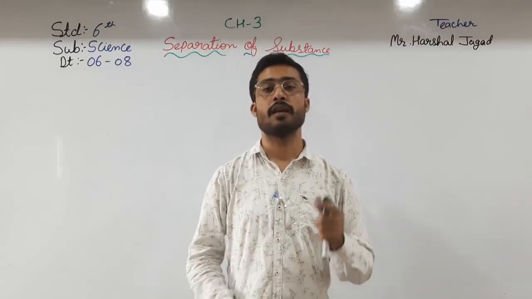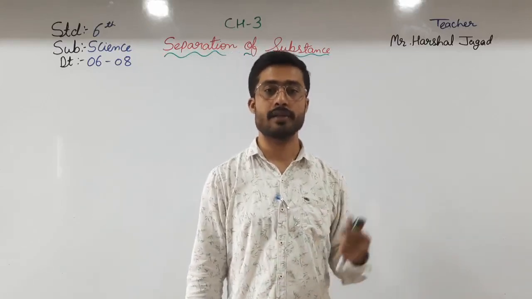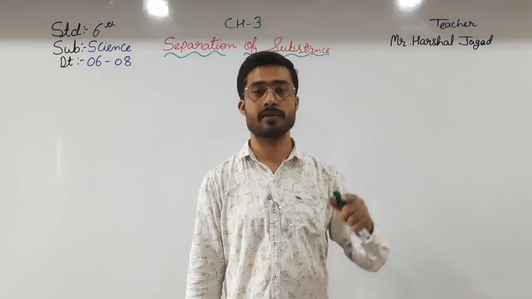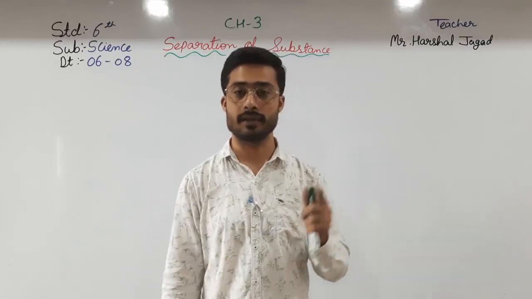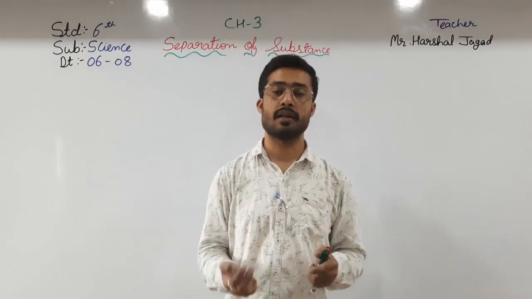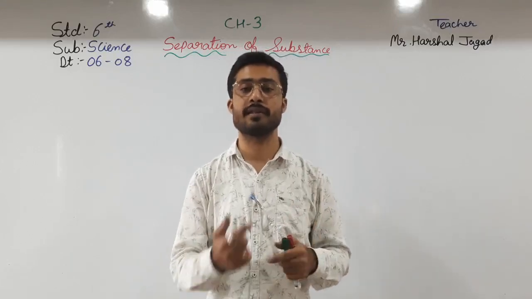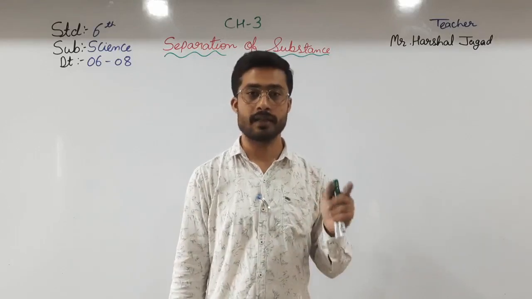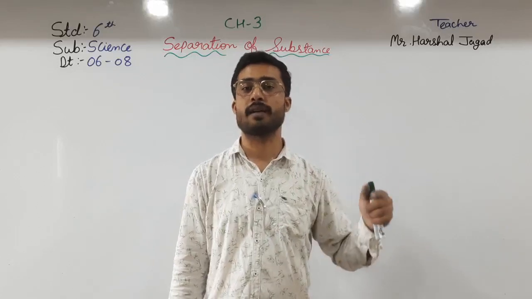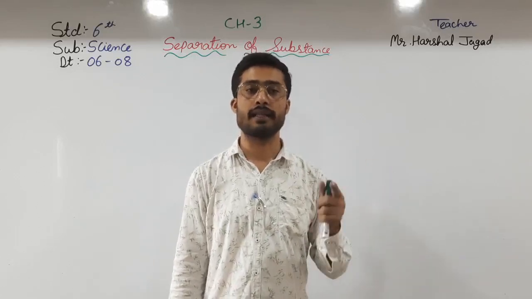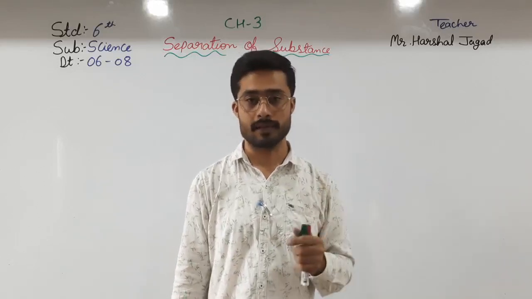Then after it was evaporation. So evaporation is what? The water converts into water vapor. That process is known as evaporation. And another process was condensation, which is the opposite of evaporation. Water vapor is converted back to water. That is the condensation process.